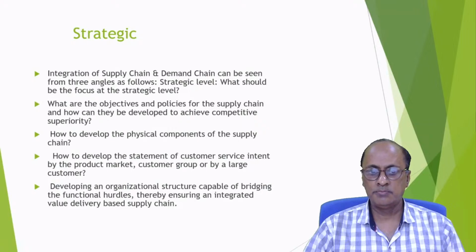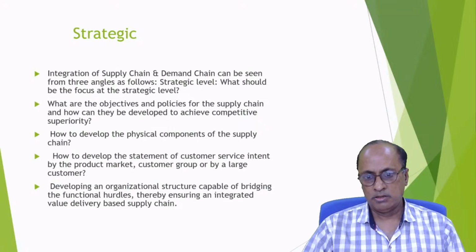While spelling out the objectives and policy, we should see that they are developed to give a competitive advantage over the competitors. Secondly, how to develop the physical components of the supply chain. These are all physical entities: suppliers, manufacturers, warehouses, distributors, retailers.